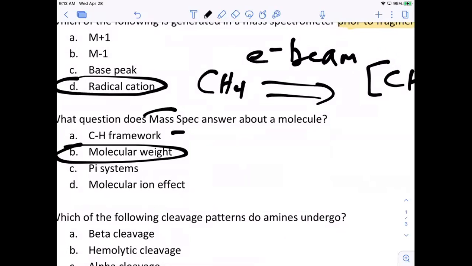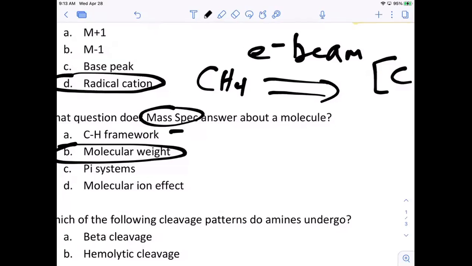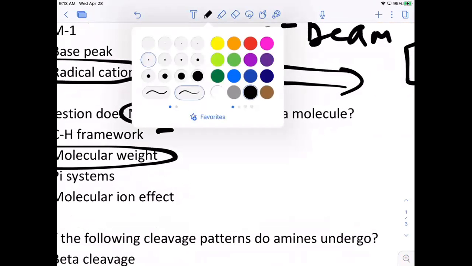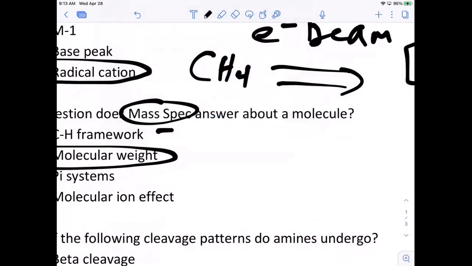What about the CH framework? What method answers that question? We've got either mass spec, infrared, UV, or NMR. Wouldn't that be NMR?